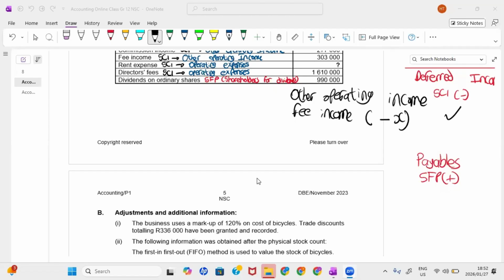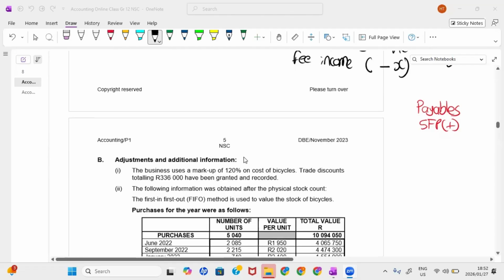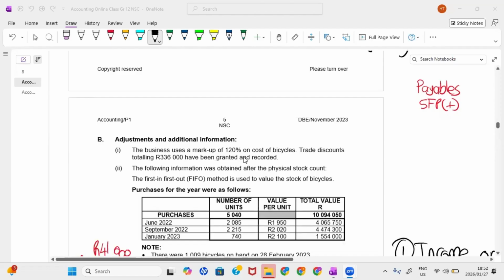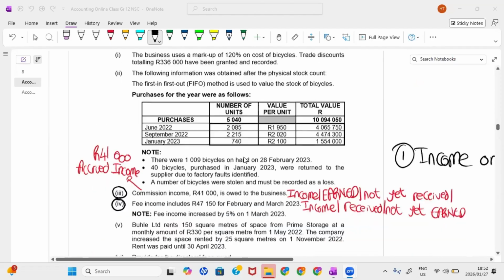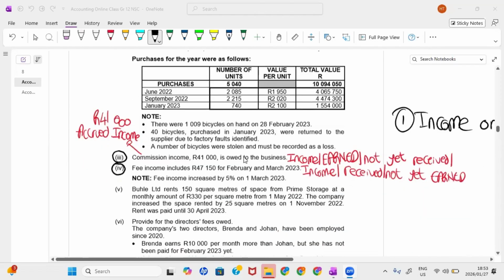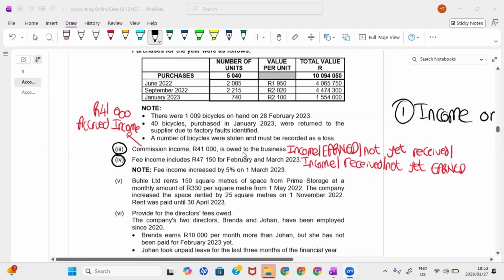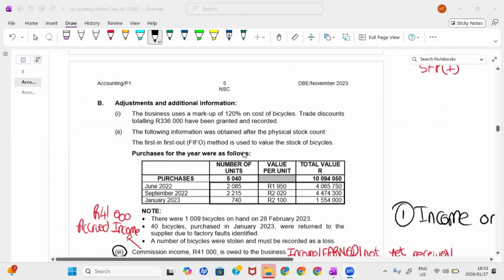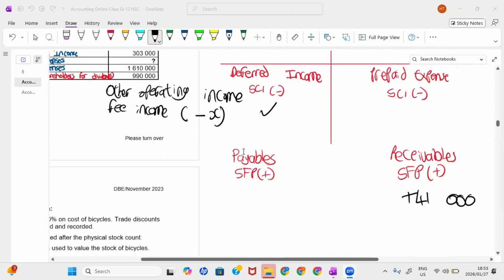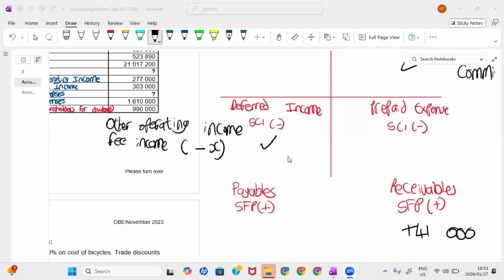Né? As I said, we are doing it step by step so that we are building up on knowledge until you guys are able to put everything together all at once. So obviously we subtract this, né, in the income statement.